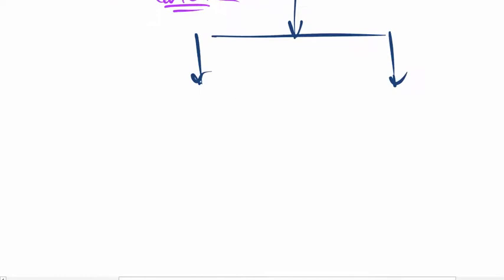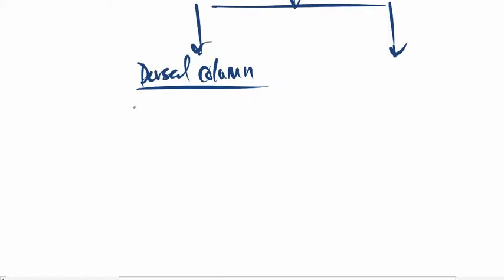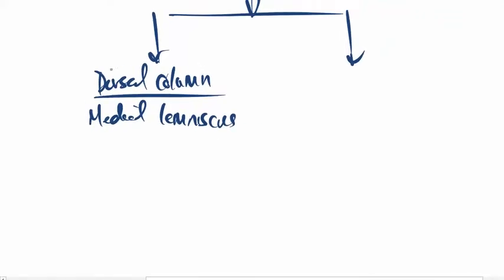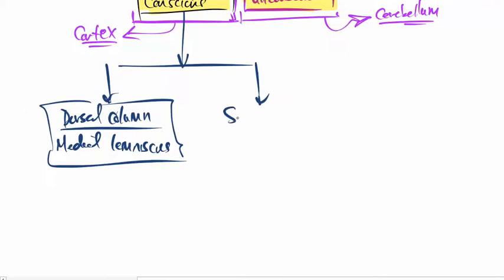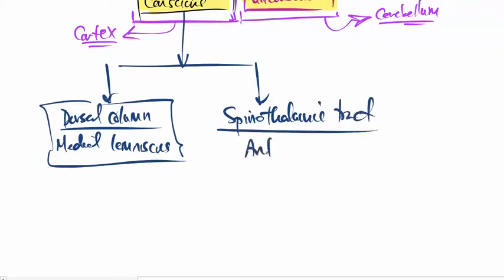We're going to have the dorsal column, also known as your medial lemniscus, and then we're going to have the Spinothalamic Tract, also known as your anterolateral system.